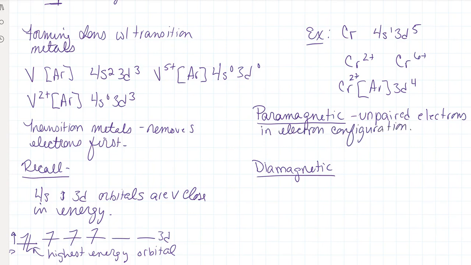And as a result, we'll see that this exhibits a stronger magnetic field. So that means it'll interact with a magnet. A diamagnetic species, on the other hand, generally won't interact with a magnet. And that's because these diamagnetics only have paired electrons.